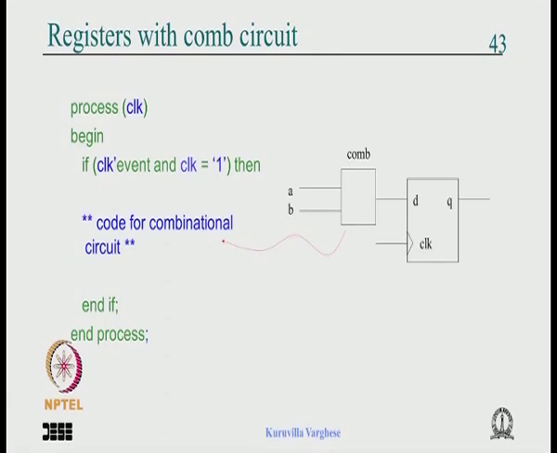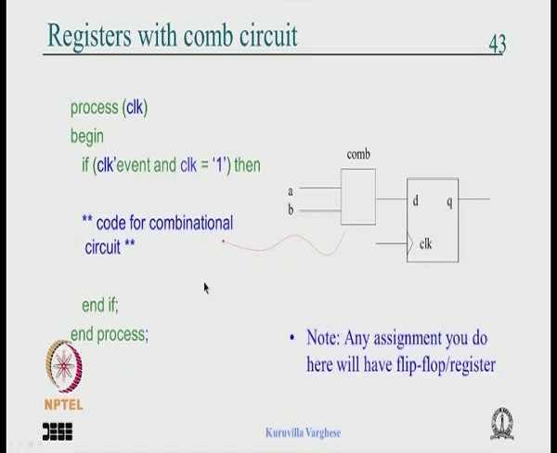So you should now thoroughly understand, anything you write here you will get a flip flop. That is also good, because you may want to put some complex circuit here before a set of registers. Just write if clock'event and clock is equal to 1, then you write the code for it, and you will get it.